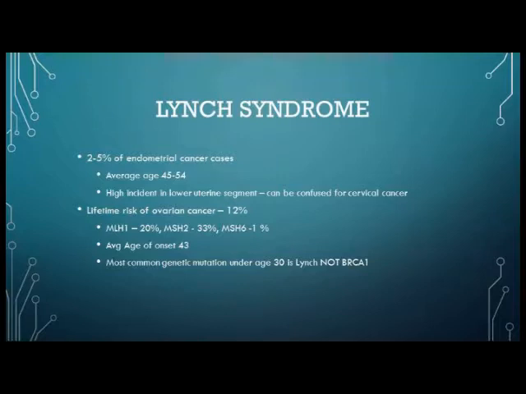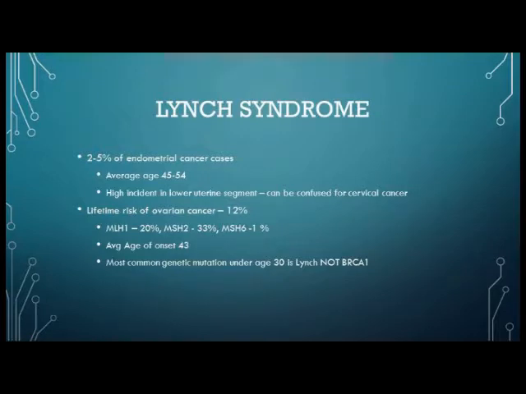Interesting, under 30, ovarian cancer is not very common at all. And I'm talking serous and epithelial ovarian cancer, not your sex cord and germ cell. So it's not very common to have a genetic mutation, actually, if you get ovarian cancer under 30 overall.